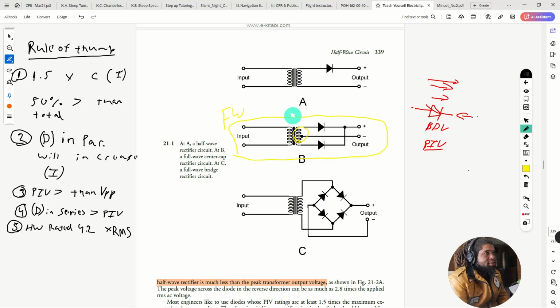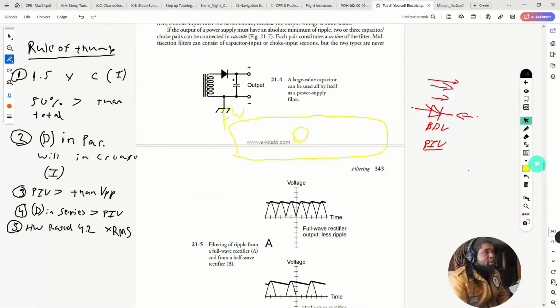And we'll get into this more later. But that's your full wave rectifier, and what it's going to do is see this secondary almost as two different transformers. One diode is going to use one half of it, and the other diode is going to use the other half, and that's how you utilize the full cycle here.